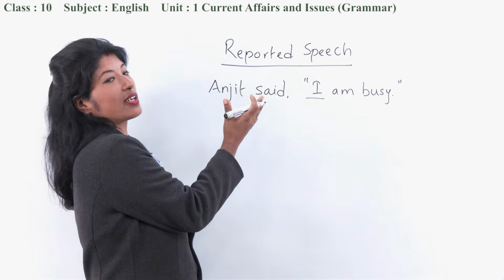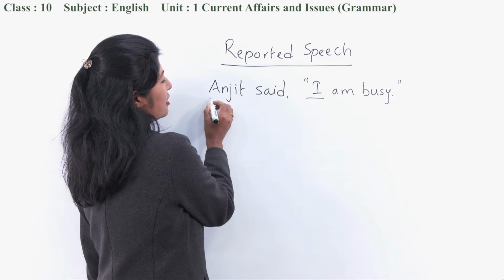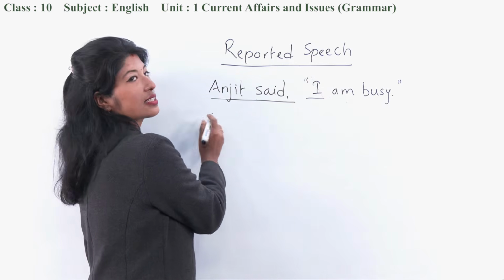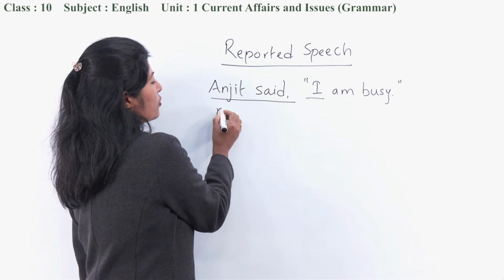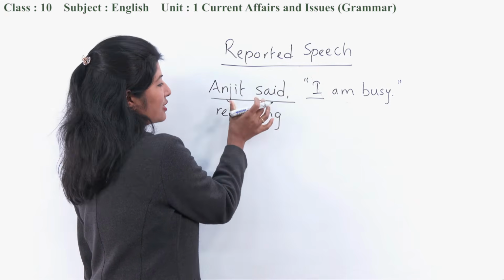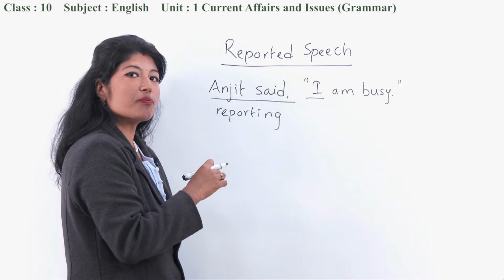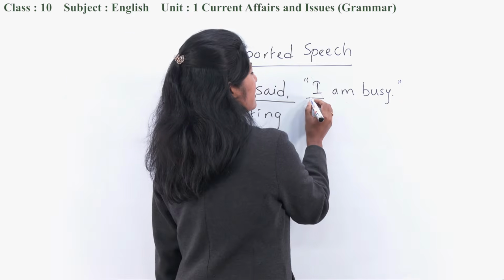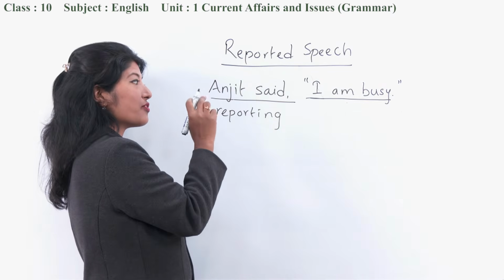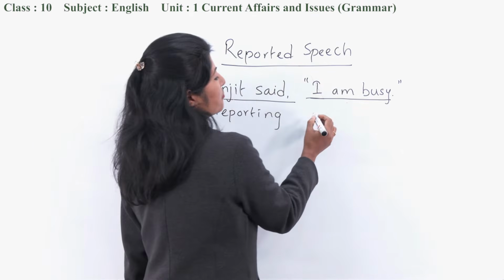Now let's talk about direct. How many parts are there? One part is this one, "Anjit said." This is called the reporting clause, whereas the portion inside the inverted commas is the reported speech.